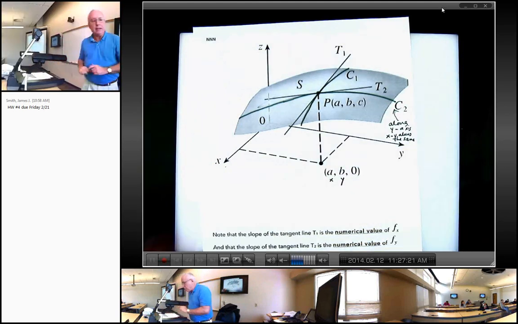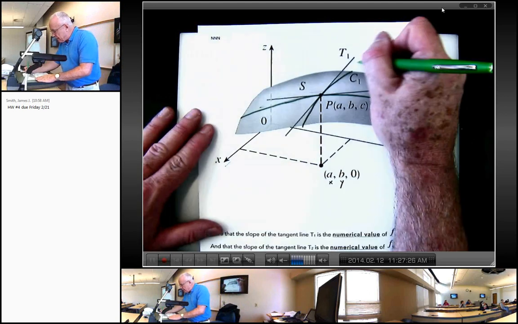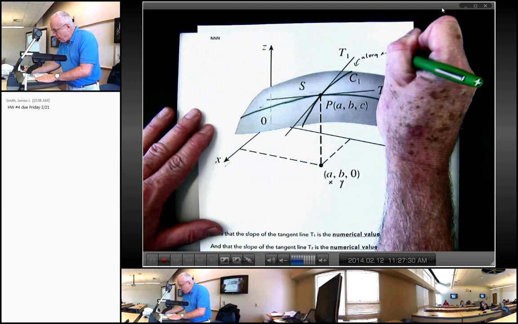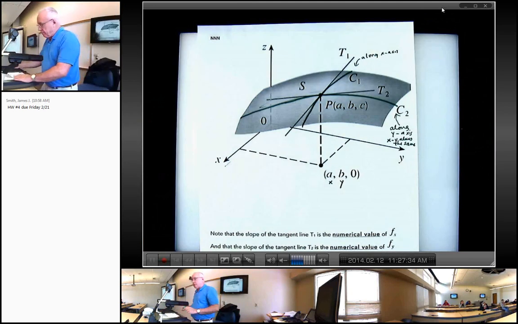Now, when we're looking at the other curve there, this curve is going along the x-axis. The y values are staying the same.